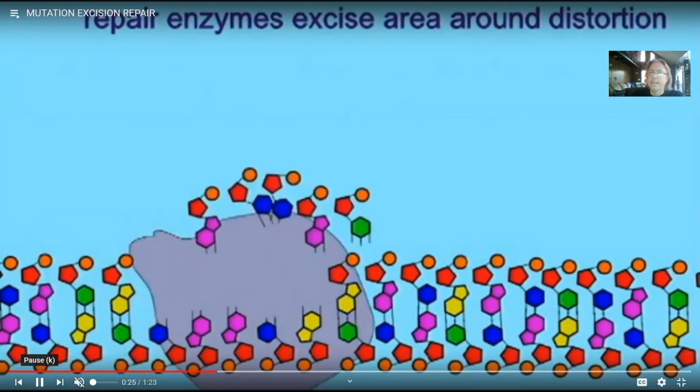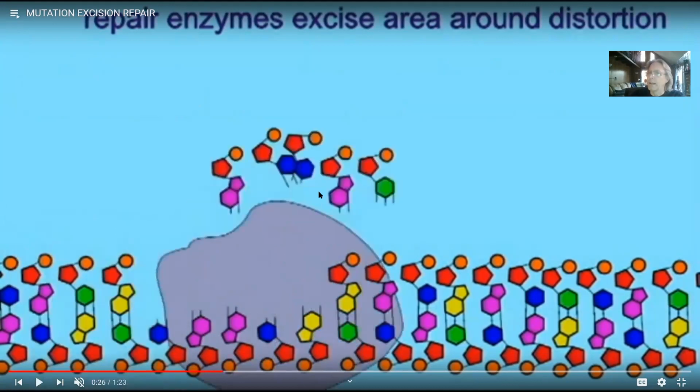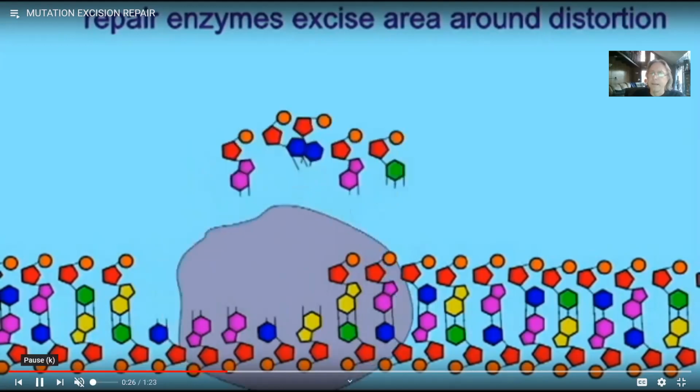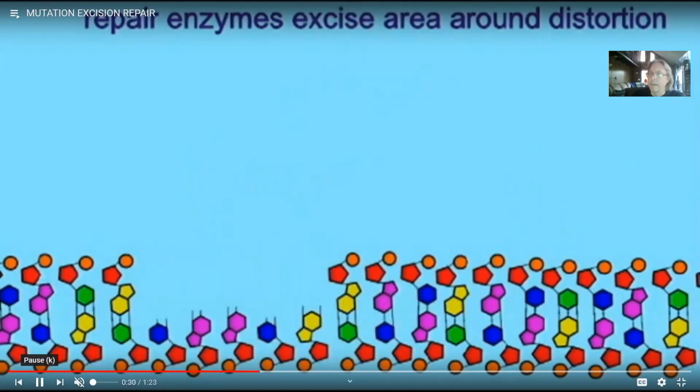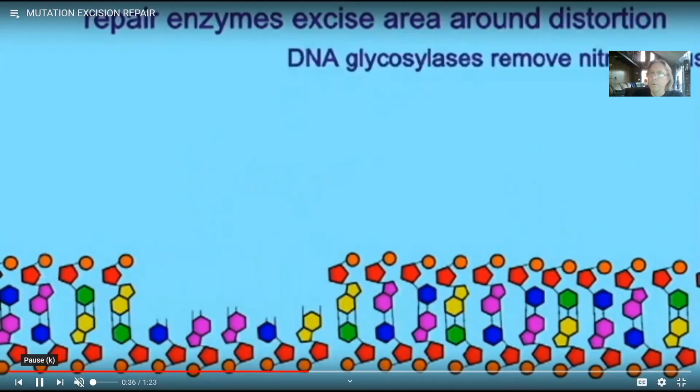Now there are different enzymes here, so a glycosylase might just excise the nitrogenous base and leave the sugar phosphate backbone. There are other enzymes which can make nicks ahead and behind the distortion and then cut that area out. So the distorted area has been removed.